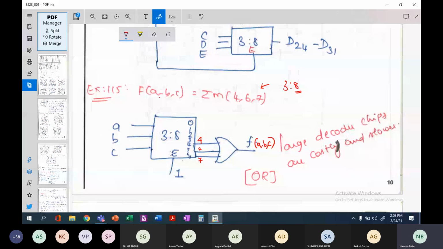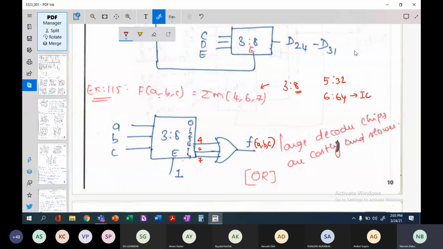But is it a viable option? For this particular case, it might be viable, because this is just a simple 3:8 decoder. Say for example, you want to implement a 5x32 decoder, so this is a huge, large decoder. You want to implement a 6x64 decoder, it is still a much larger decoder, and you have to specially design these kind of ICs.